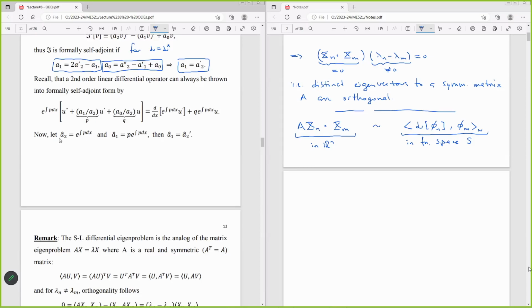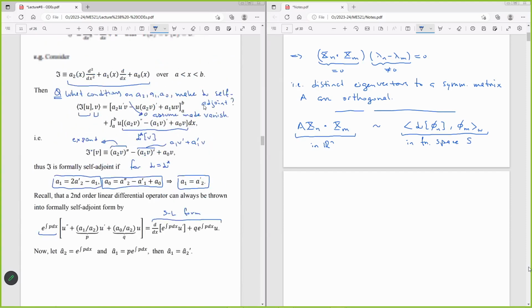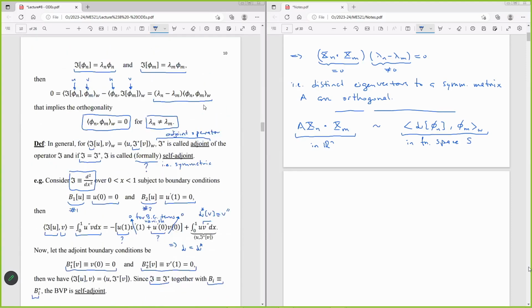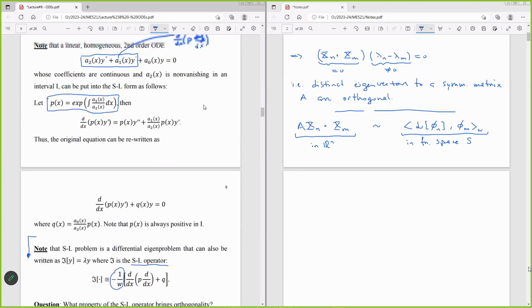So if you choose your coefficients to be in this form, it becomes a self-adjoint form, right? So that's actually an SL form. So this is just telling us that this is actually the same as this problem. So let me put a page number here. Where was that problem that I used?